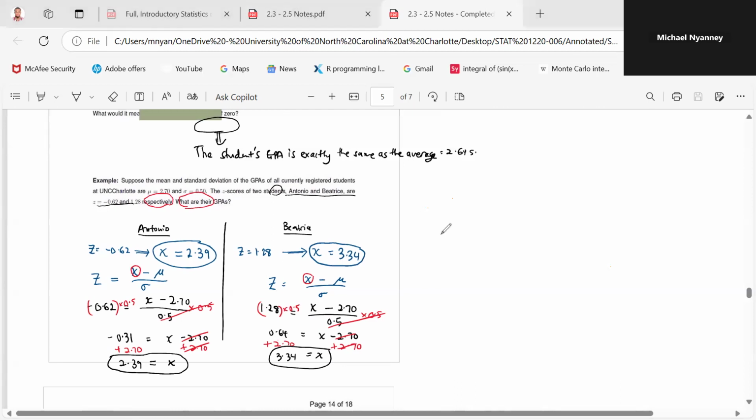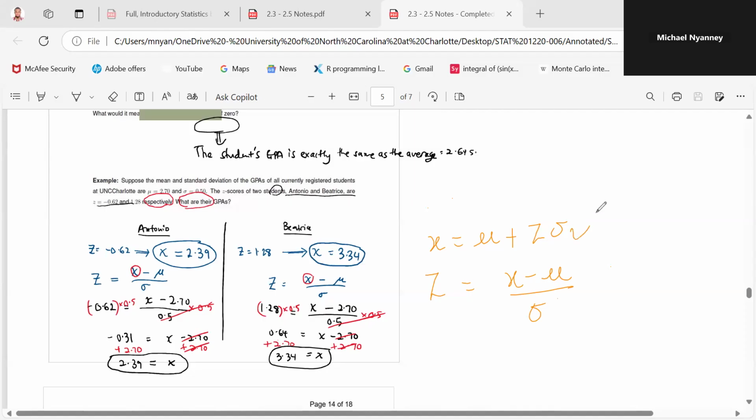Whenever you want to find back your data points, S is equal to mu plus z sigma. But if you want to find z, z is equal to S minus mu all over sigma. So this is finding back your S and this is finding your z. Here you want to use this formula.